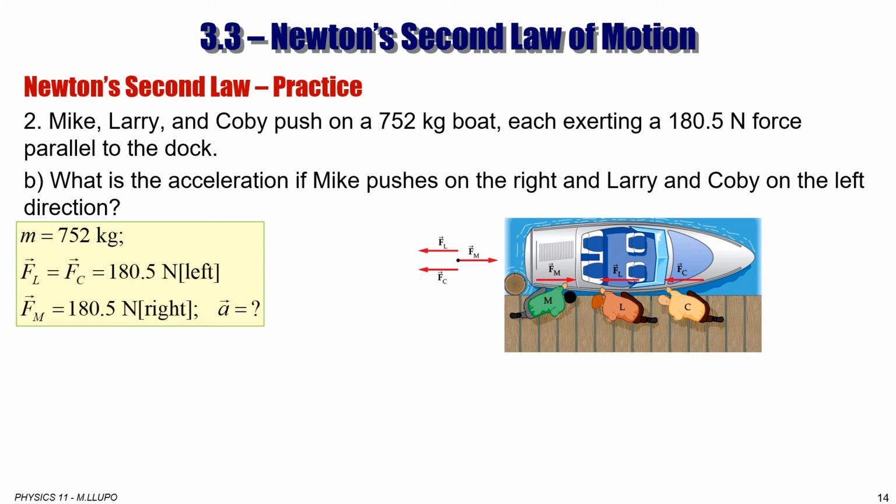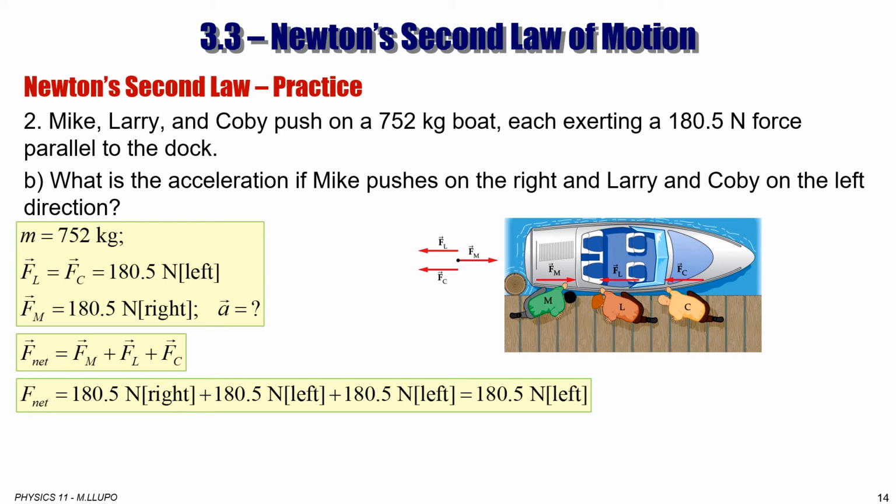What is the acceleration? The same way, we calculate the net force, which is the sum of all forces. Now we have 2 on the left and 1 on the right. 180.5 Newtons right plus 180.5 Newtons left cancel each other, so what is left is 180.5 Newtons left.